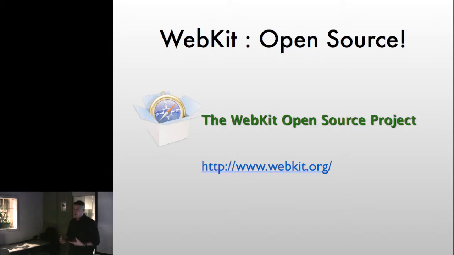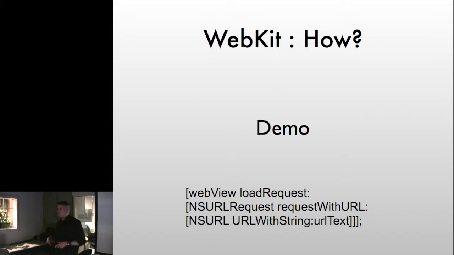So, how does it work? Like I showed you in Interface Builder, you just drag out a UIWebView, and it's one line of code. Seriously, it's this line right here. The object is the web view, loadRequest. This NSURLRequest and NSURL URLWithString are wrappers around the URL, NSURL, and some of the other networking foundation classes.